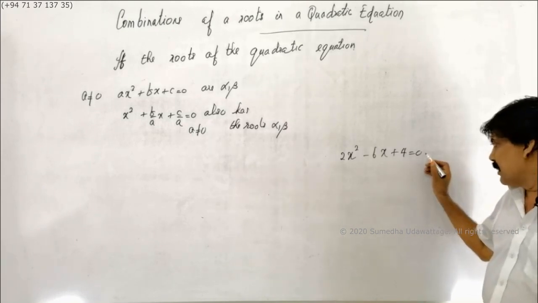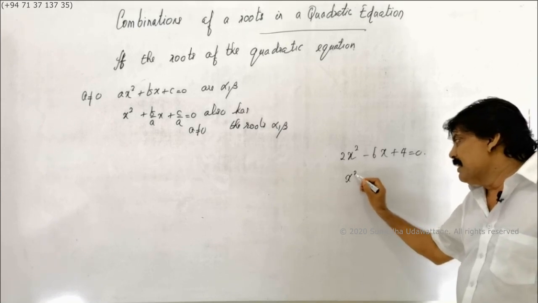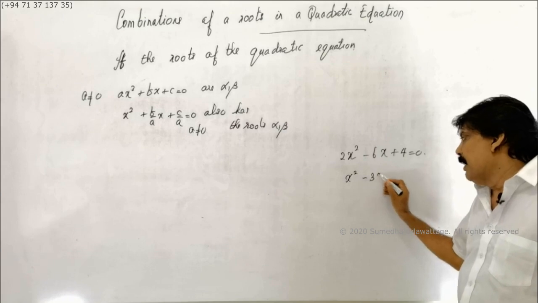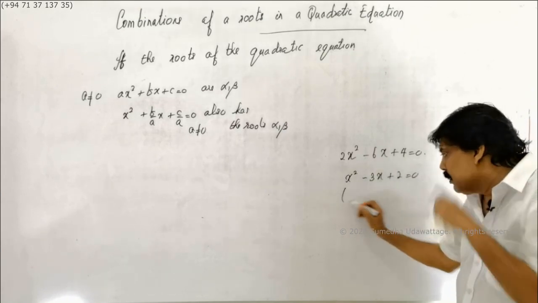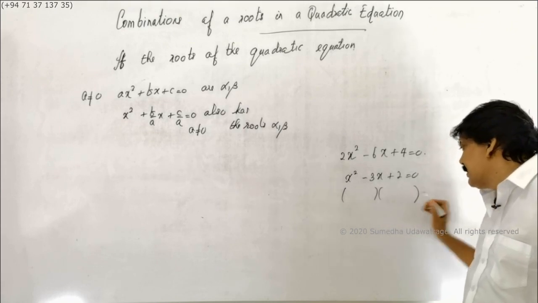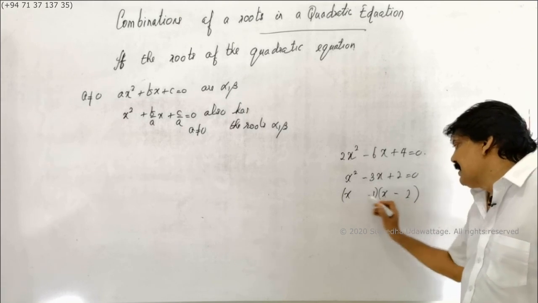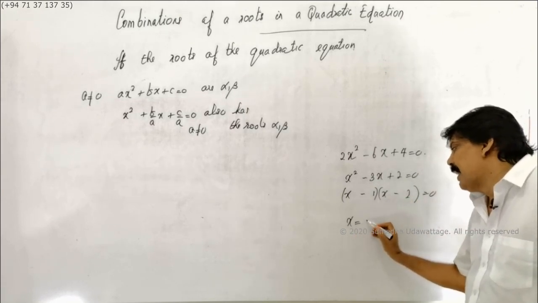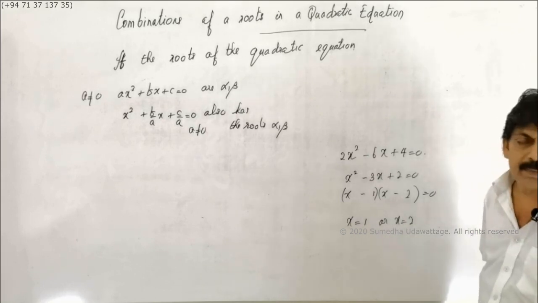The first step is that you completely divide the equation by 2. You get x square minus 3x plus 2 is equal to 0. You put this into factors, (x minus 1)(x minus 2) is equal to 0, and you say the roots are x is equal to 1 or x is equal to 2.